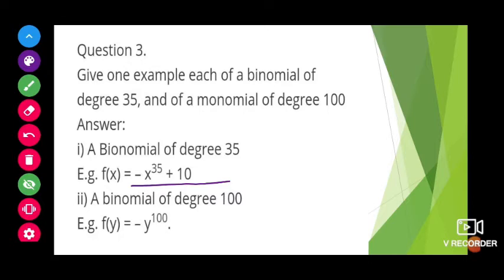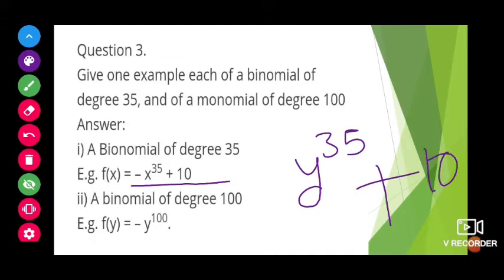But the maximum degree, for example, if we will take y, or else if I don't want that, then you just add here as the second term y square. Maximum degree is 35 only.